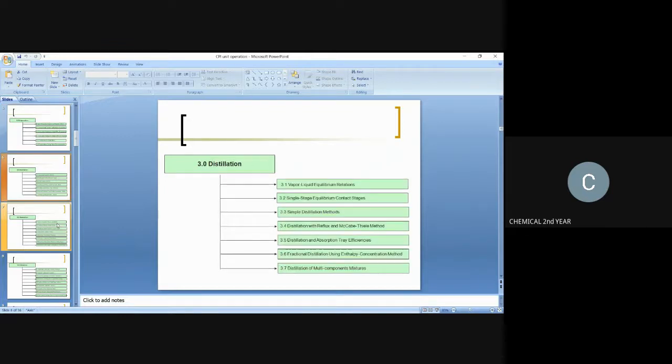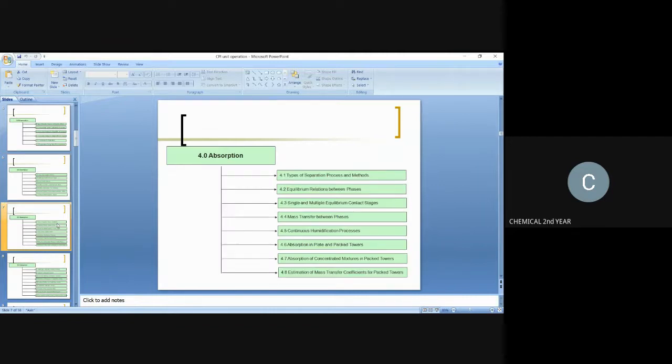And in unit 3, we will see vapor liquid equilibrium relations, single stage equilibrium contact stages, simple distillation methods, distillation with reflux and McCabe-Thiele method, distillation and absorption efficiencies, fractional distillation using enthalpy concentration method, distillation of multiple component mixtures. Next is absorption.